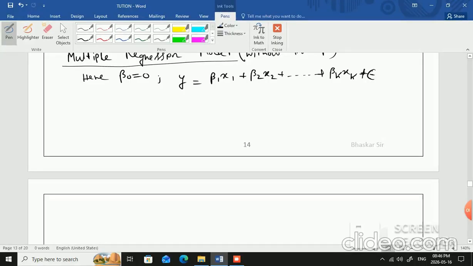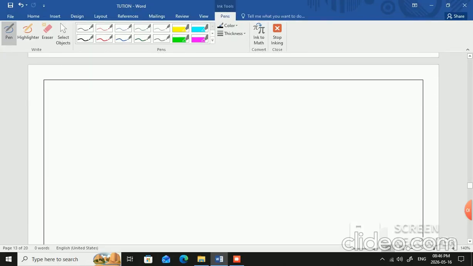And the matrix for n tuple, the model will be y1 equal to beta 1 x11, beta 2 x12, ..., beta k x1k plus epsilon 1.